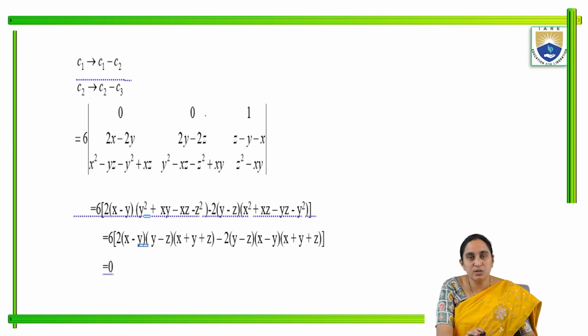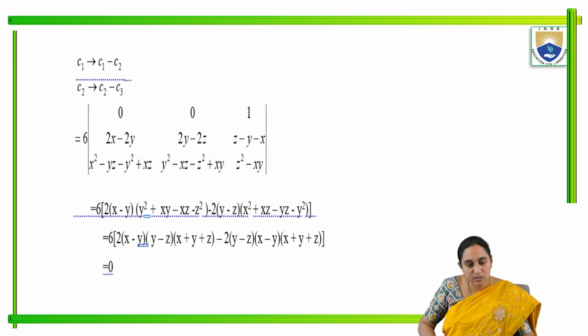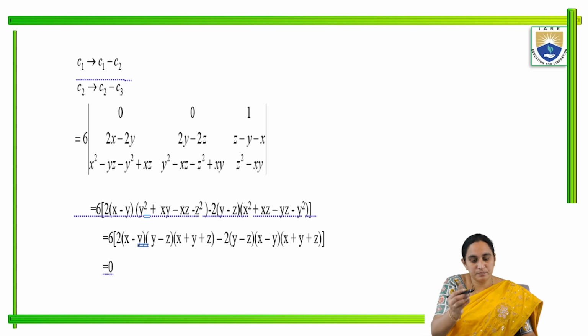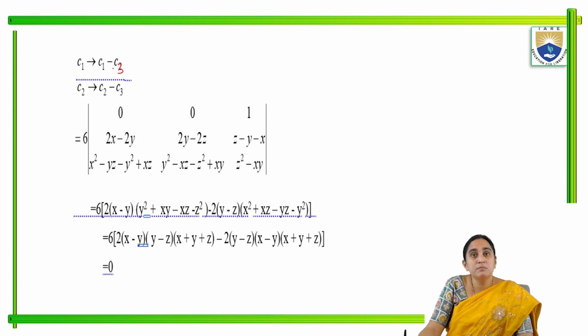For that, we get 0, 0, 1, then 2x minus 2y, 2y minus 2z, and 2z minus 2y minus 2x, and x square minus y square, y square minus z square, z square minus xy. With respect to C3, the first column I am subtracting with C3, and similarly C2 also I am subtracting with C3. I'll make the C1 first element 0 and the C2 first element 0.